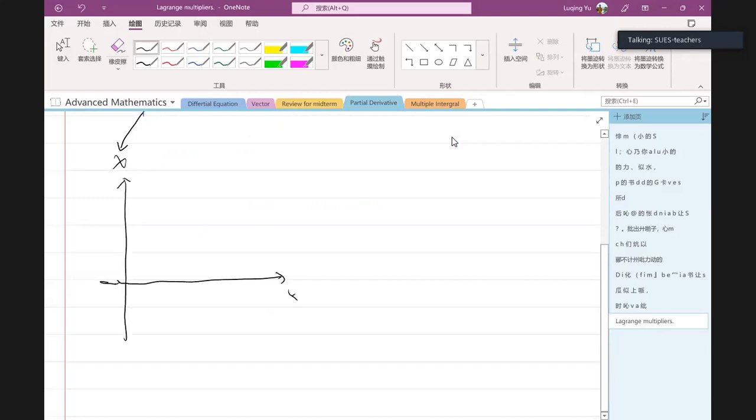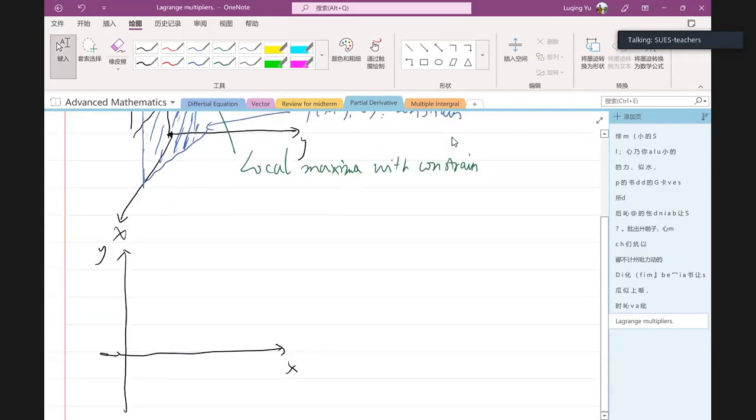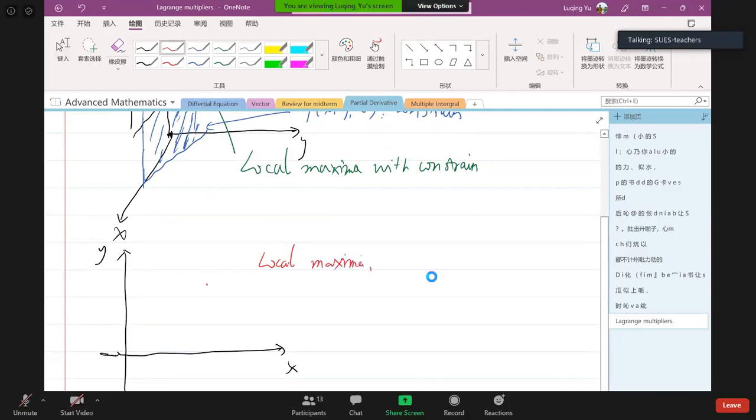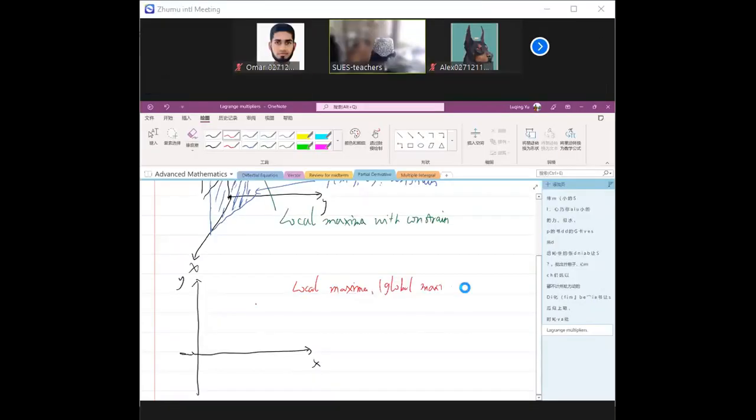We know that this is x and this is y, right? This is the local maximum, or we are saying this is the global maximum. What does the contour plot mean?